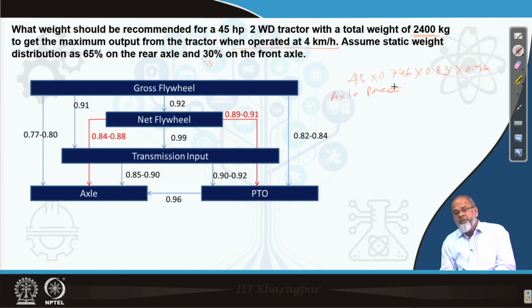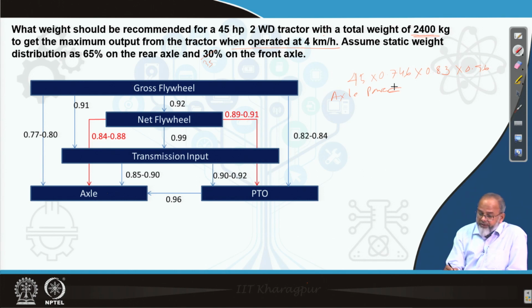Since we have to follow Dwyer's recommendation for optimum ballasting, dynamic weight by axle power will be equal to 1.79 by V, where V is the actual speed. So P axle is known from here, then W has to be found out.